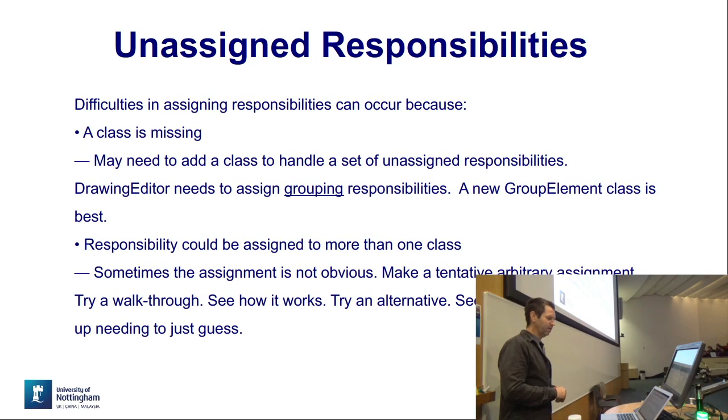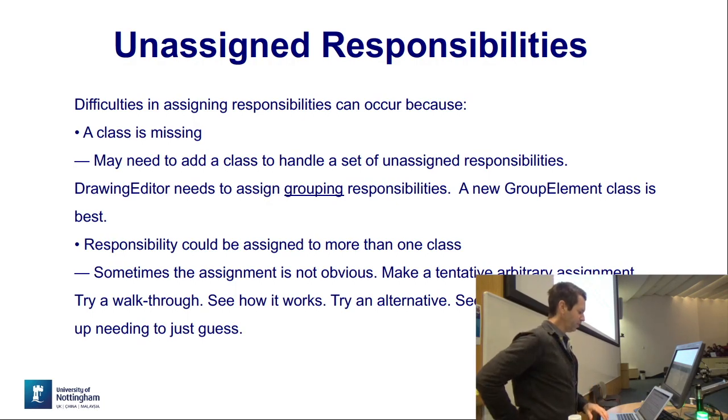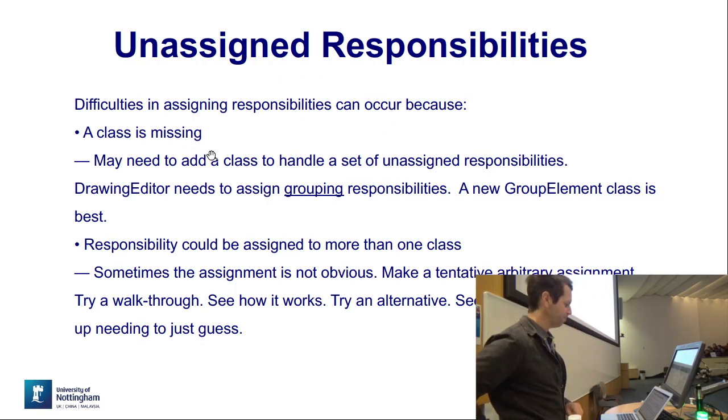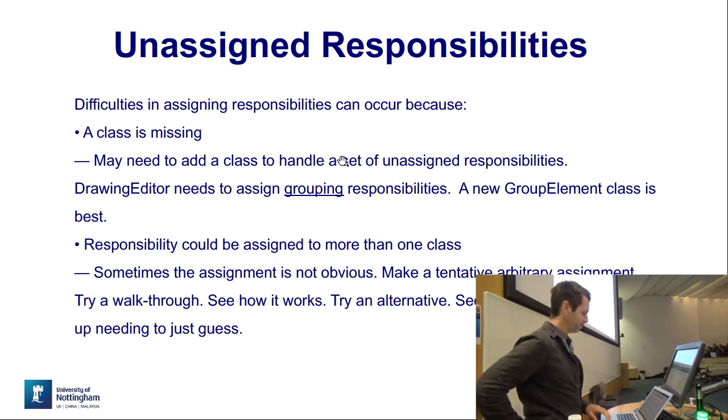And this is something about unassigned responsibilities. It can happen that you have responsibilities after identifying them all that you just didn't manage to figure out a good class where they belong. So if you have a responsibility that you can't figure out where it goes, it might mean that a class is missing. So maybe, for example, the drawing editor needs to assign grouping responsibilities.